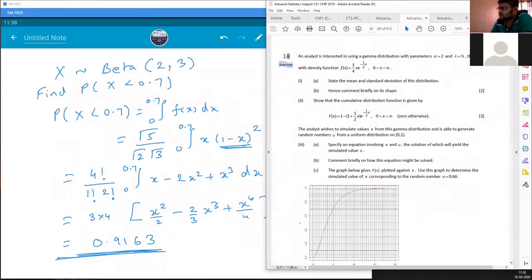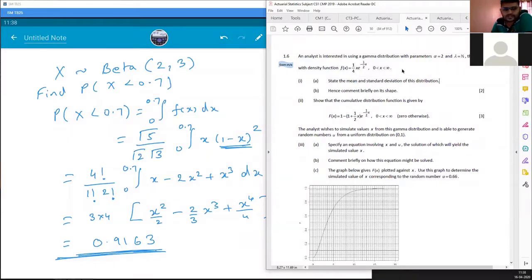And question number 1.6. Now see, as I told you before, there is no limitation of what kind of distribution we can make. So they have said an analyst is interested in using a gamma distribution with parameter this and this, that is with density this. State the mean and the standard deviation of this distribution.